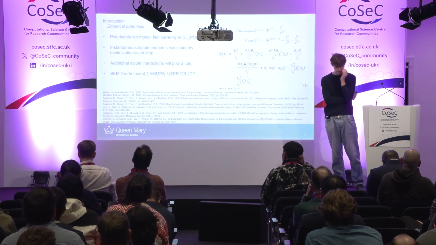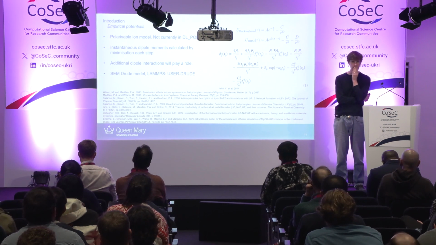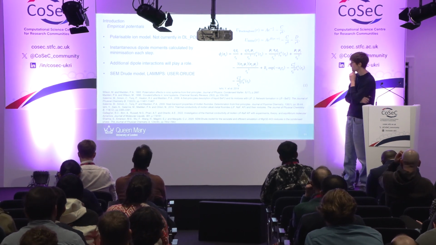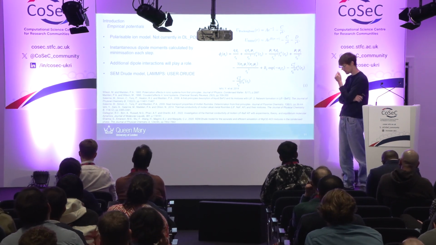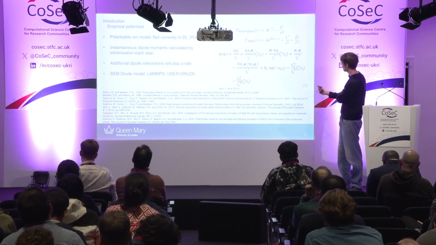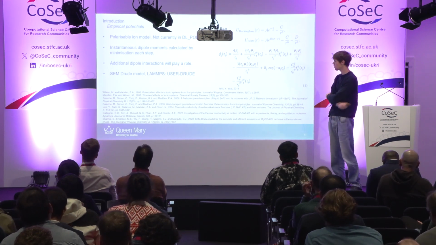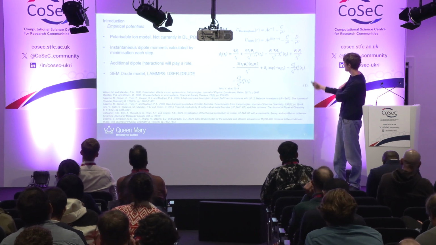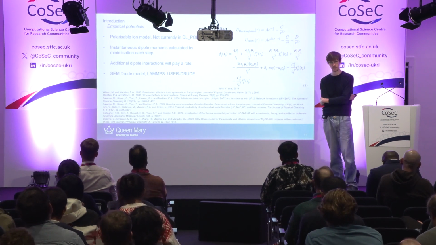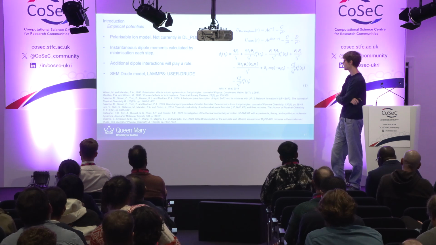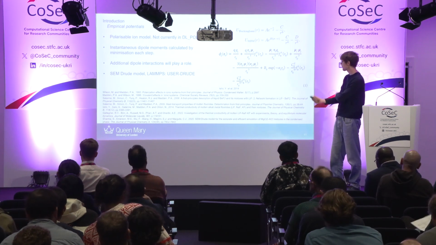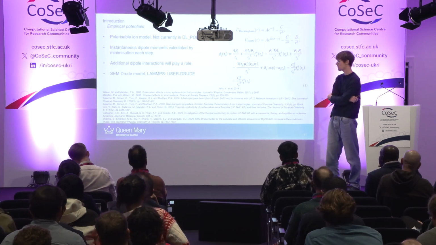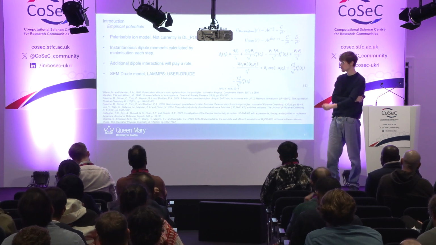Another set of empirical potentials available for molten salts includes the polarizable type models. Here I put only the polarizable ion model to show the story progressing from the Buckingham to BHM to including these additional dipole interactions, where the dipole moment of each particle is calculated at each step.